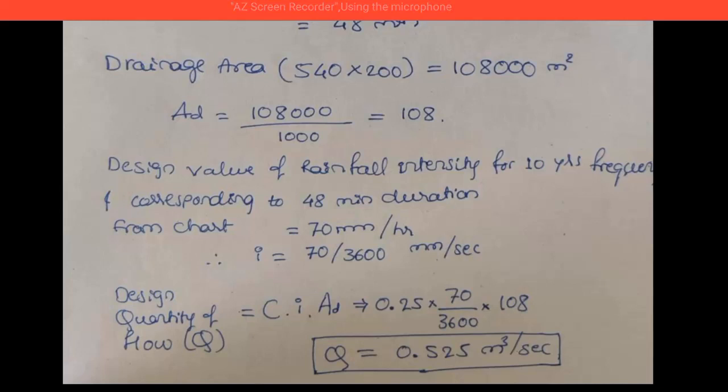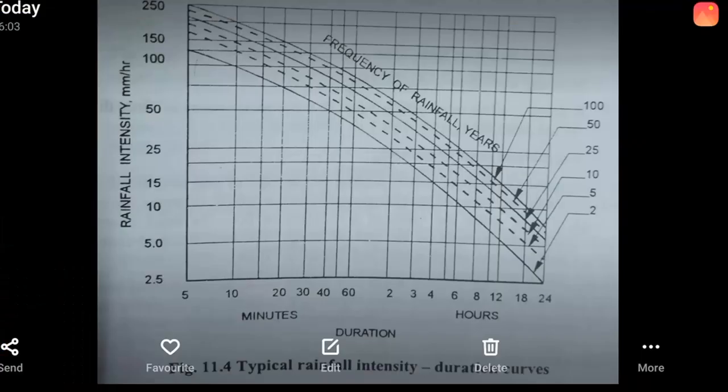So for I, he has mentioned the rainfall intensity for 10-year frequency and corresponding to 48 minutes of duration. Here this chart is a typical rainfall intensity versus duration curve. Here they have given us the duration and the frequency.